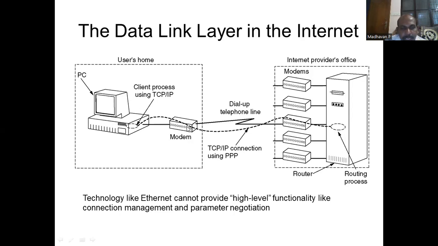In between the home network and the remote office, we use a dial-up telephone line, which is used with triple P. So here we use triple P mechanisms. On the destination side, we use different routers and different modems for configuration and conversions.